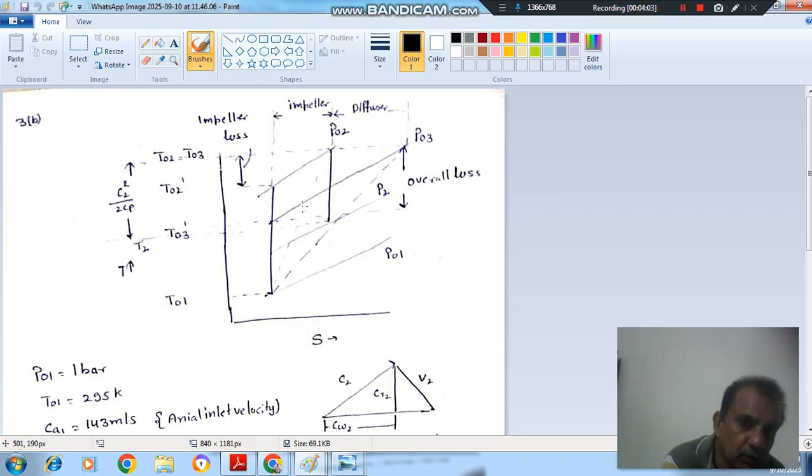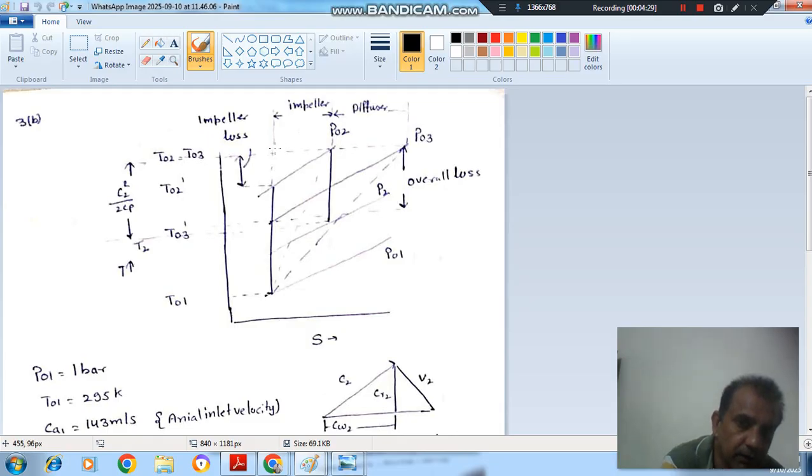So if we assume that there is only loss in impeller and no loss in diffuser, then the final stagnation pressure would have been P02. So this is the pressure loss in the diffuser part, and this is the pressure loss in impeller part.